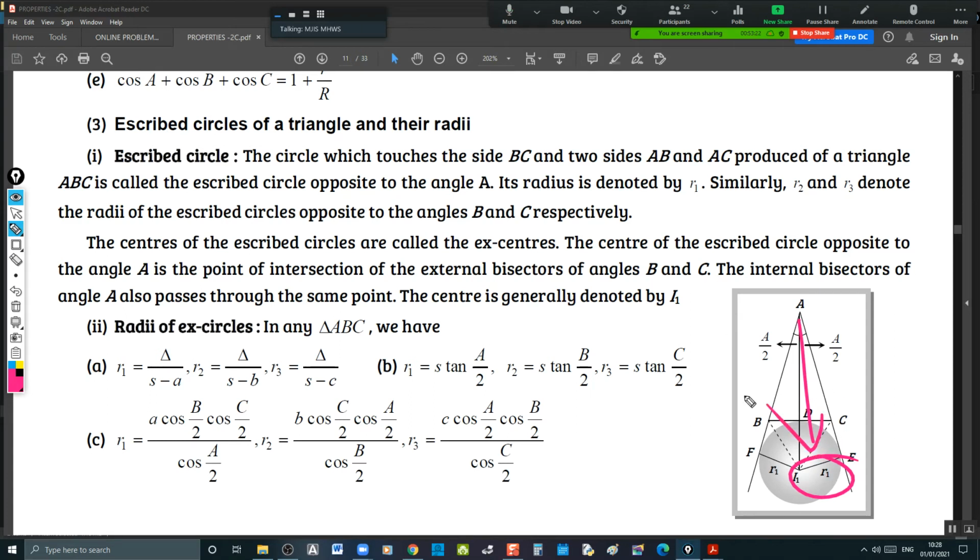You have good relations between these three. Did you learn this also? R1 is equal to delta by (s minus a), R2 is equal to delta by (s minus b), R3 is equal to delta by (s minus c). Did you learn this or not?